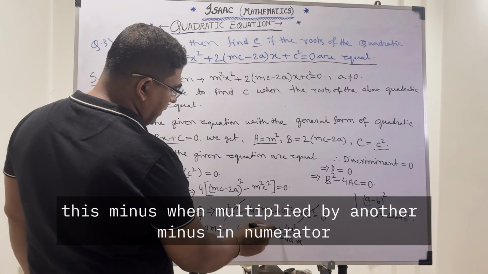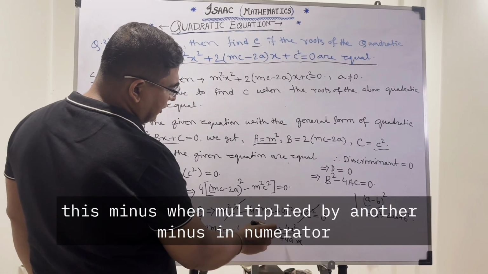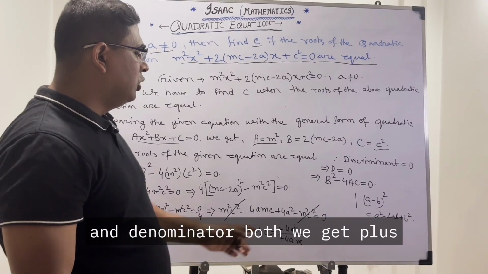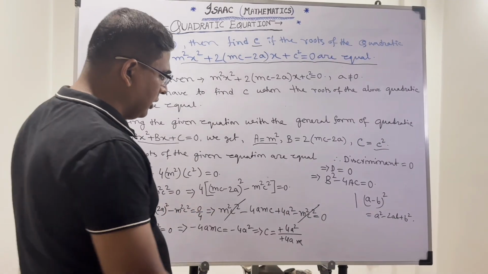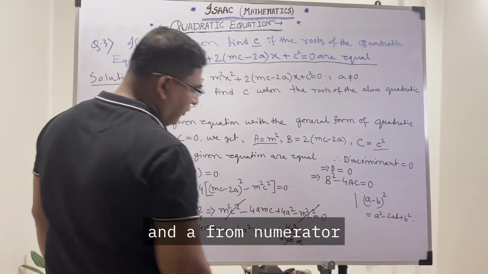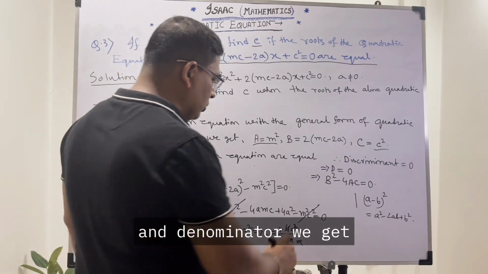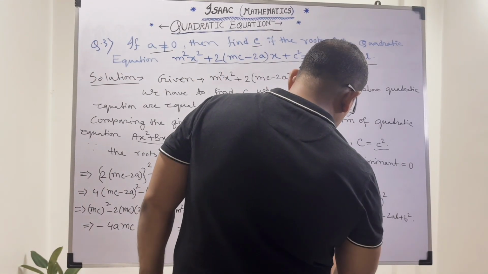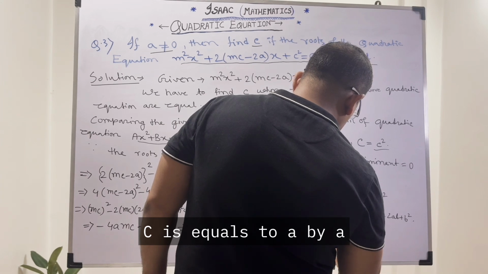This minus when multiplied by another minus in numerator and denominator both, we get plus. Cancelling this 4 and a from numerator and denominator, we get c is equals to a by m.